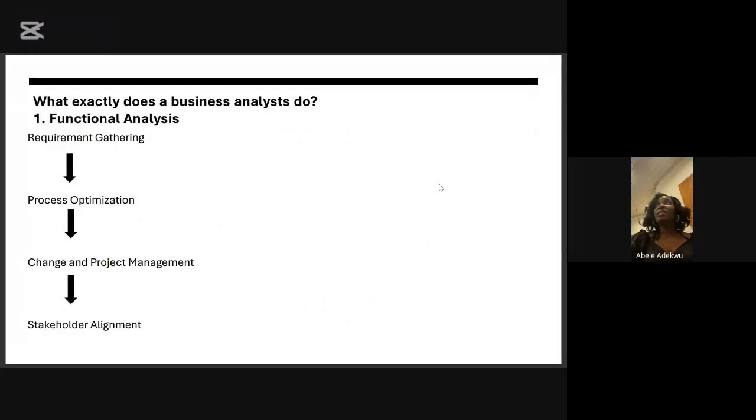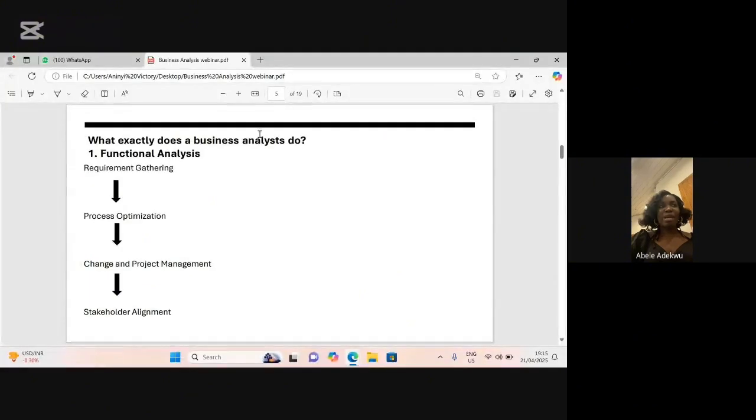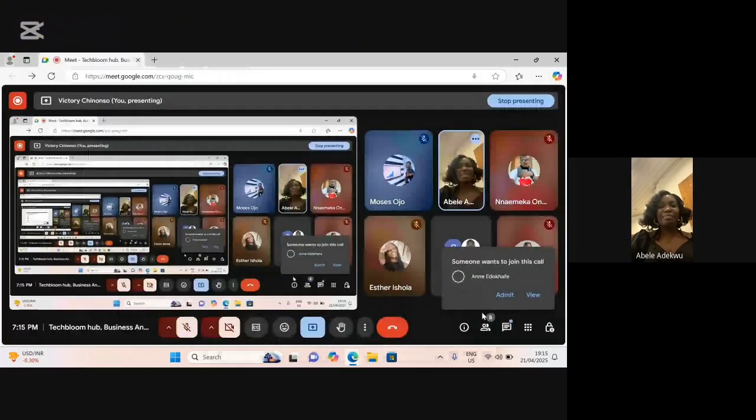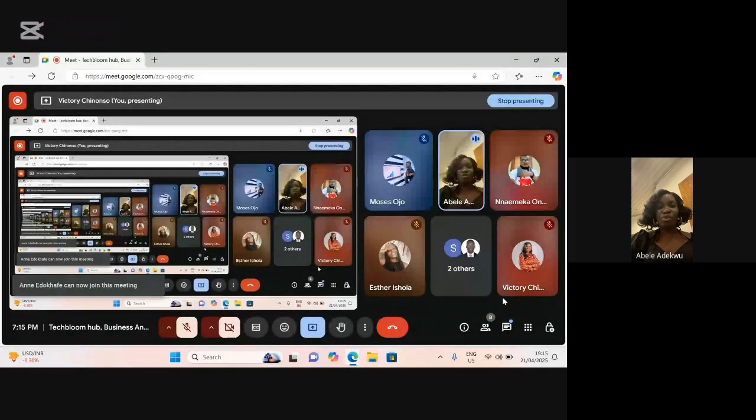So what exactly does a business analyst do on a daily basis? First of all, the most important thing that a business analyst does is functional analysis, which is in the form of requirement gathering. Requirement gathering is all about knowing what a business needs, and the methods you use to draw out these requirements.